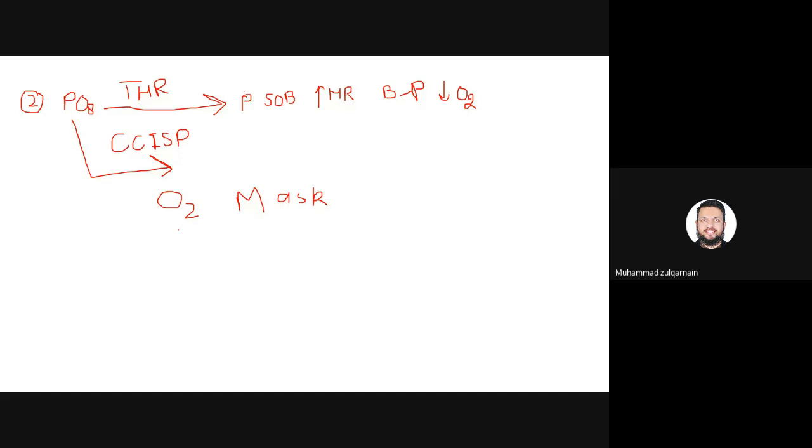So after this, you will see airway, breathing, then circulation, same things. You will see the heart rate, you will see the blood pressure, and then you will switch towards D, which will be the same.